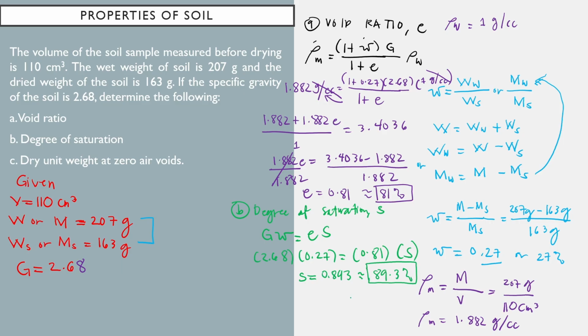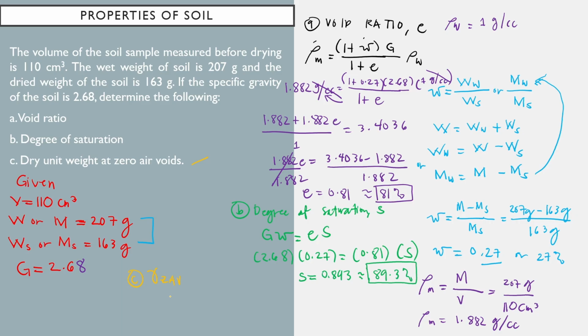And next, dry unit weight at zero air voids, or gamma ZAV. Yung formula ng dry unit weight natin at zero air voids, letter C, yan yung gamma zero air voids natin.